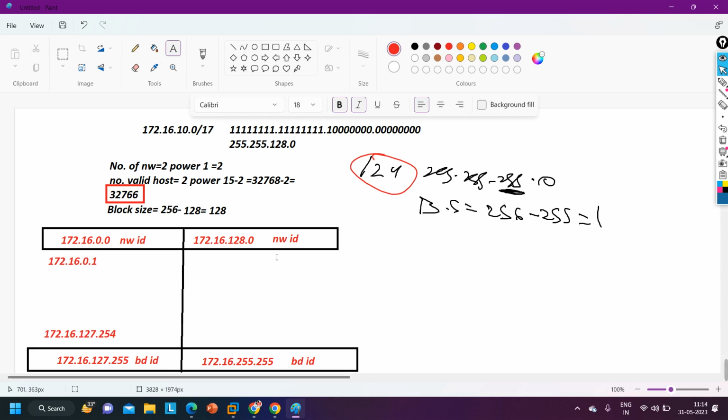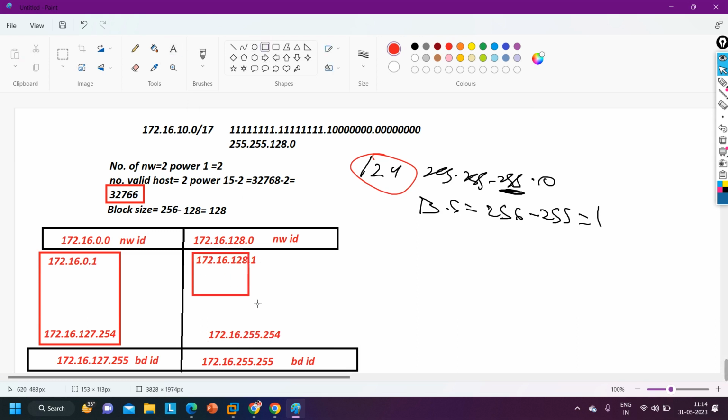Yes or no? My actual network is starting from here and ending over here. This is the first network. And the second network is starting from 172.16.128.1 and it is ending on 172.16.255.254.